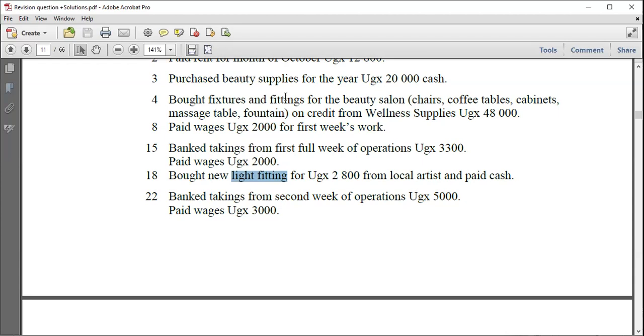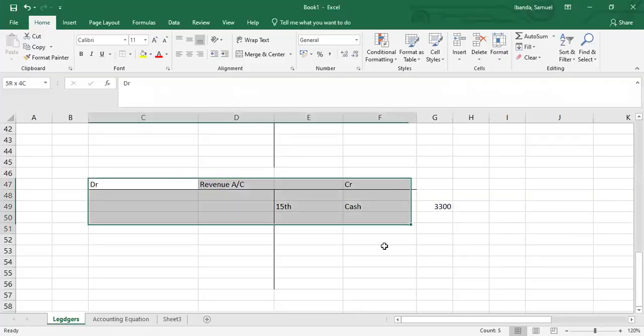Some other companies can go ahead to recognize this under fixtures and fittings, but we can also have a separate account for it. So it has no much problem, depending on how you operate.